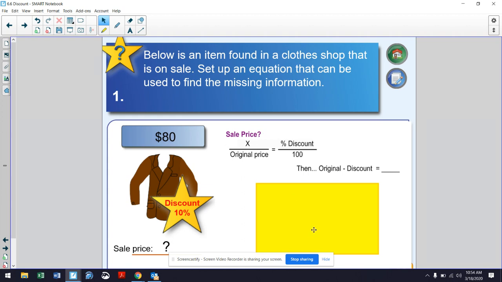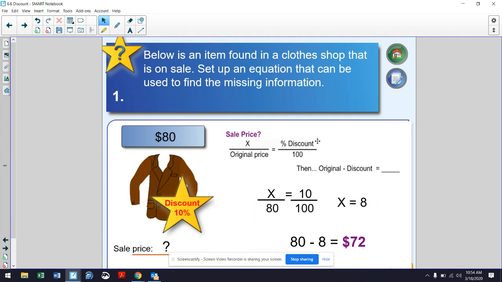Now let's plug in all the things that we know. So we know the percent of discount is 10, so we plugged in 10. We know the original price is $80, so we put that in there. We want to know how much we are going to be paying for it. So we just need to do some cross multiplying. In this case, you're going to get 800 equals 100x.